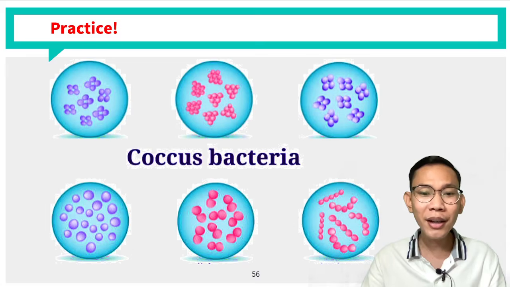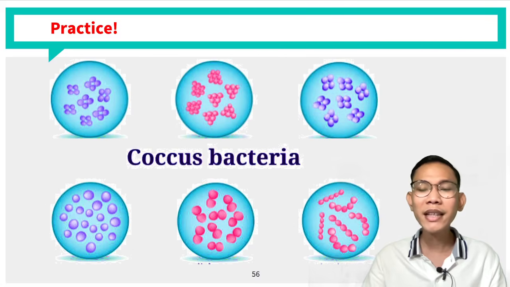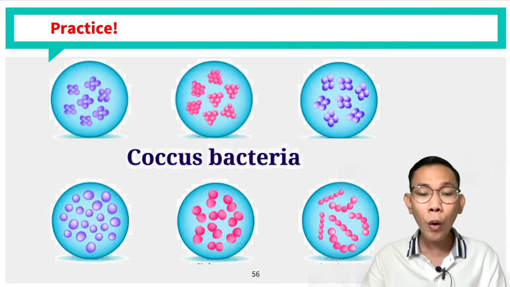Now, remember, in pairs, two cocci joined together, this is your diplococci. So when we state the result, gram-negative cocci in pairs or gram-negative diplococci. Very good. This one, gram-positive or gram-negative? Again, this is gram-negative.